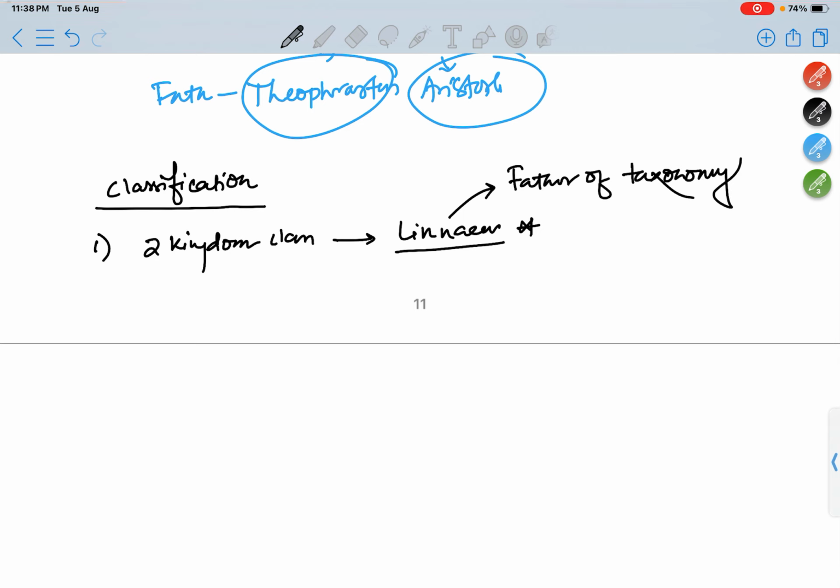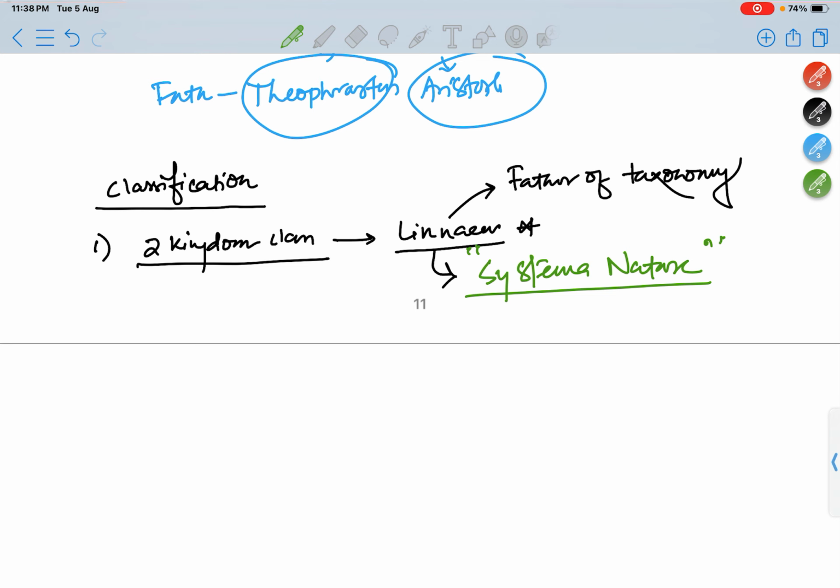Now, two kingdom classification. Linnaeus gave this two kingdom classification in his book. The name of that book is Systema Naturae. Okay. So this is important.